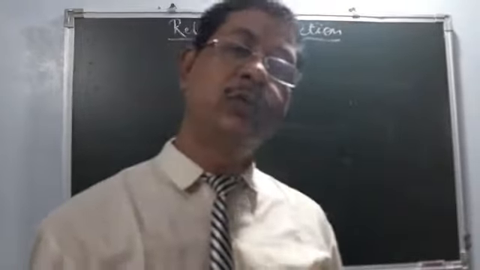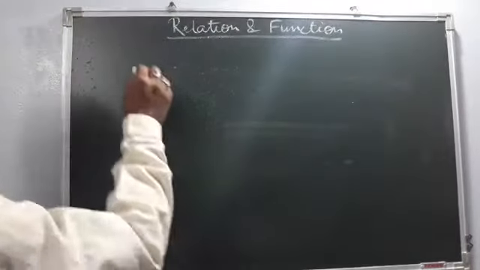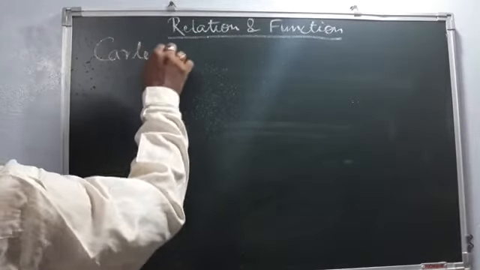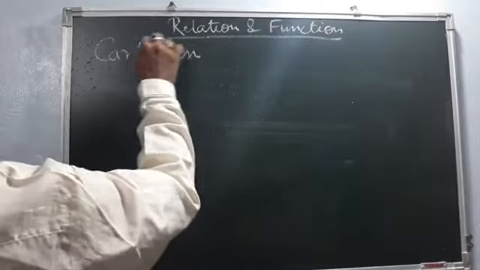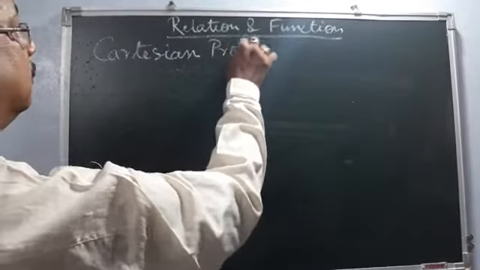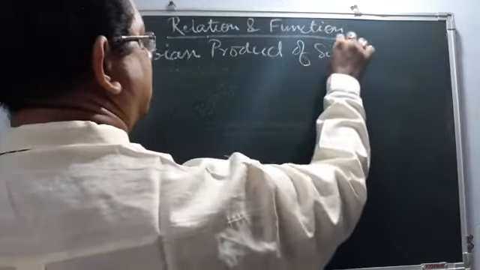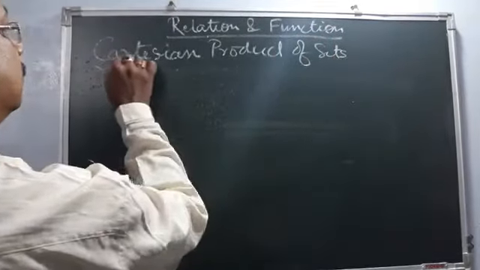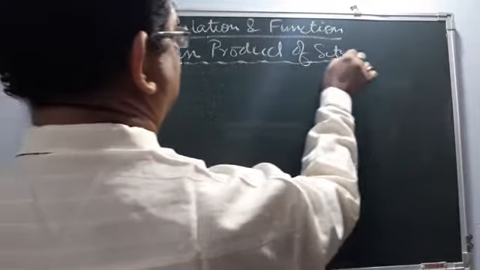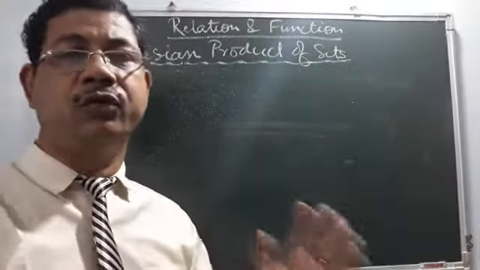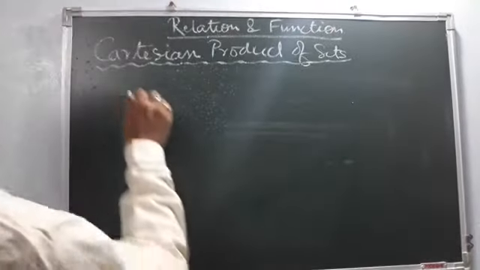Now we are going to tell that another operation is there, that is called the Cartesian product of sets. What is the Cartesian product of sets? Example is the best way of explaining that thing.